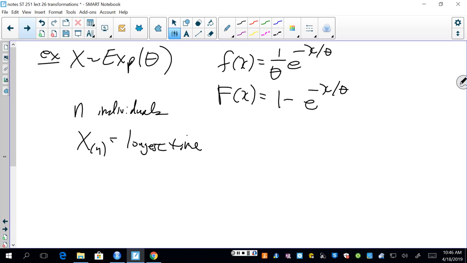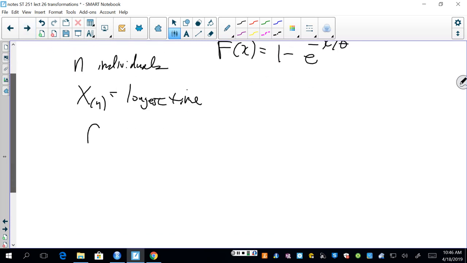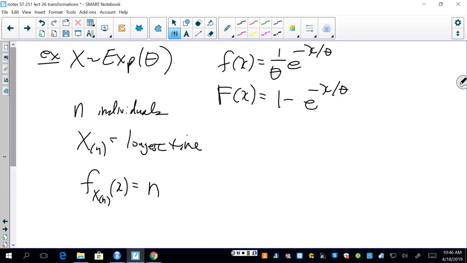What's that distribution? Well, the density function of the largest one is n times the cumulative, 1 minus e to the negative x over theta, all of that raised to the n minus 1 power, times the density, 1 over theta, e to the negative x over theta.